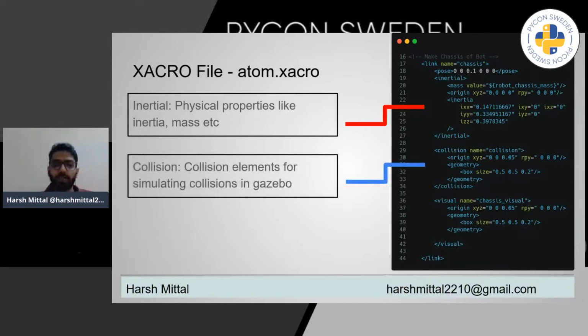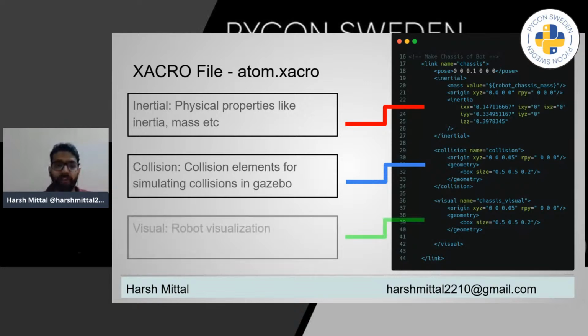So collision elements are for simulating collision in Gazebo. And finally your visual. So this is basically your robot visualization. Similarly, the way that I've added links for chassis, we need to add for wheels, camera, and LiDAR. So for that, you can check out my GitHub repo, like how exactly you can add those.